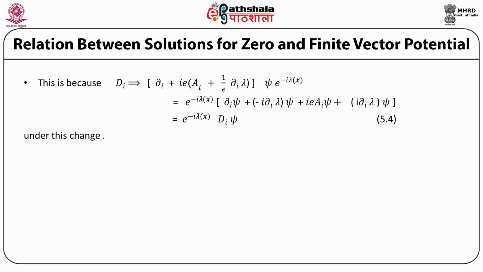This is because D_i, the covariant derivative, which is equal to ∂_i plus i e (A_i plus 1 over e ∂_i λ), operating on ψ exponential i λ(x), gives us exponential minus i λ(x) in the bracket ∂_i ψ minus ∂_i λ into ψ plus i e A_i ψ plus i ∂_i λ into ψ, and they all combine to give us exponential minus i λ as a function of x times D_i ψ. Therefore the covariant derivative remains the same except for the addition of the phase factor that has been done in the ψ.